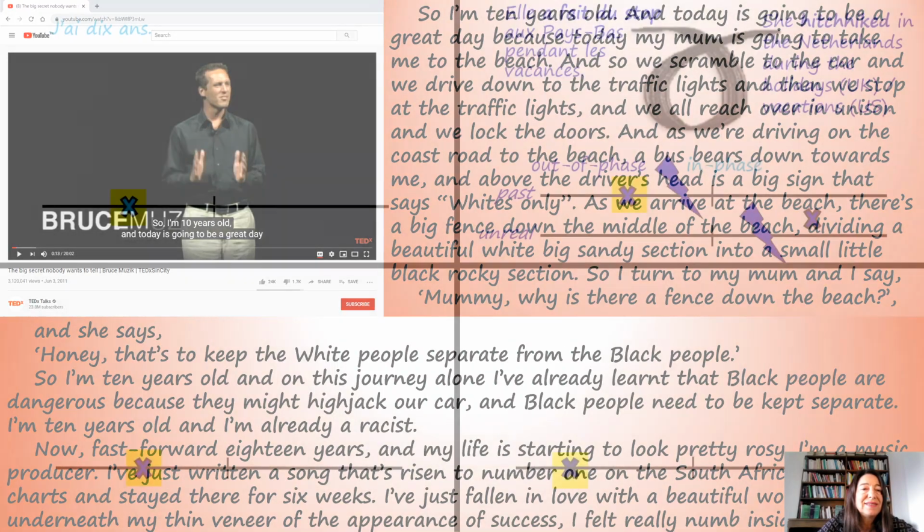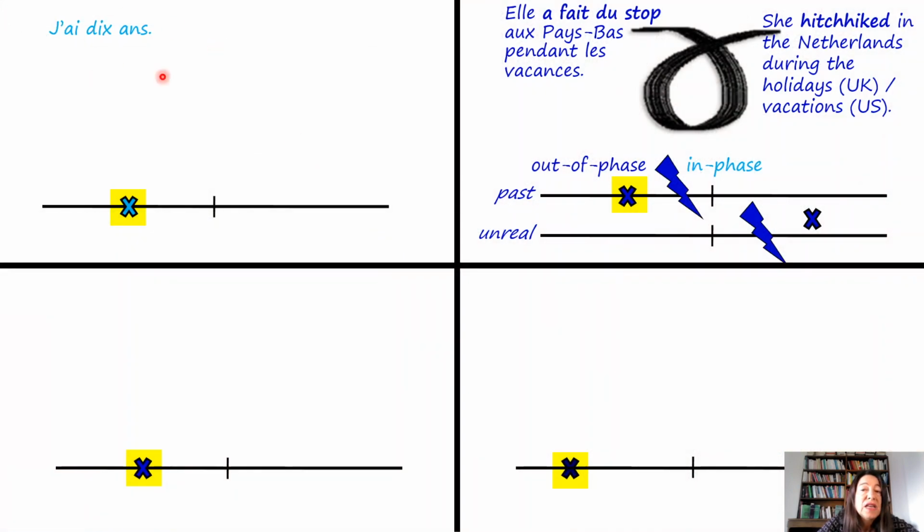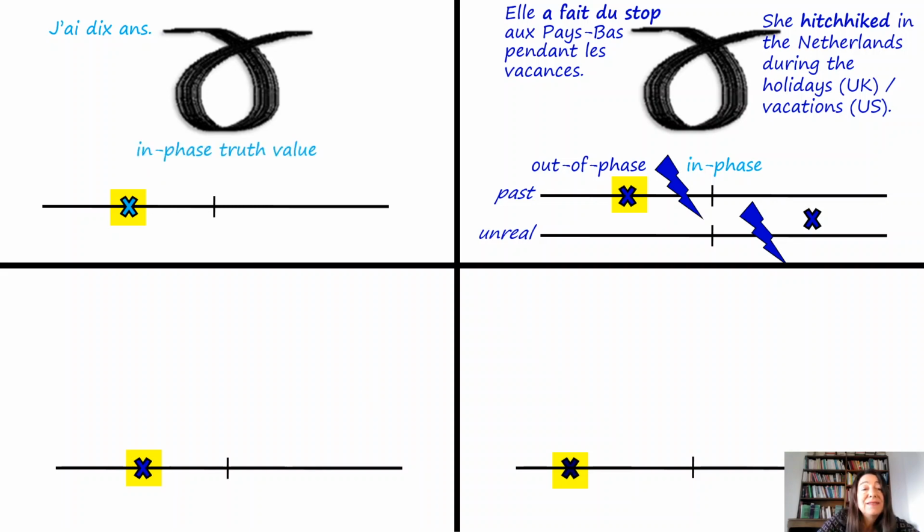So when he says j'ai 10 ans, he's really focusing, he's really referring to a past action as something with which he is in phase. So it has in phase truth value for him. And therefore, the most natural way to refer to that past action, because obviously he's not 10 anymore, is to use the present tense in French just as well as in English.